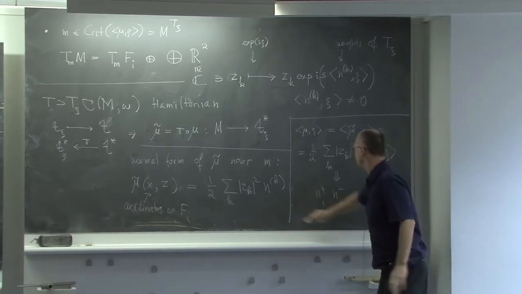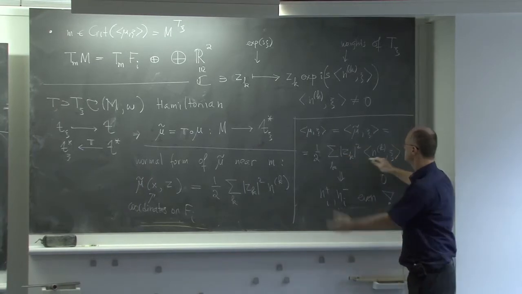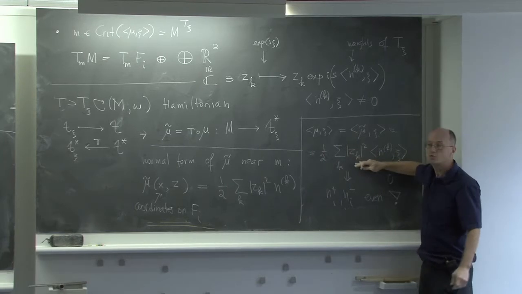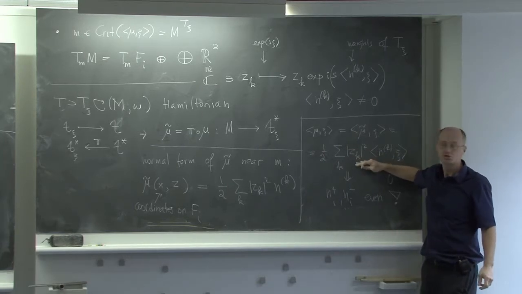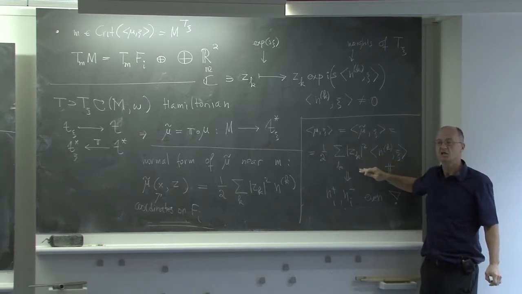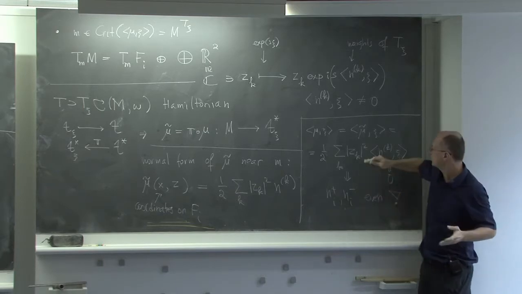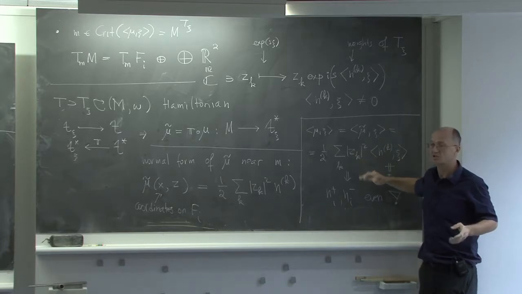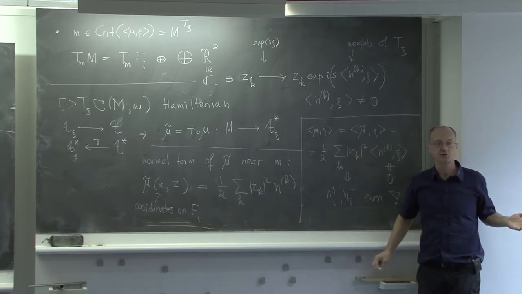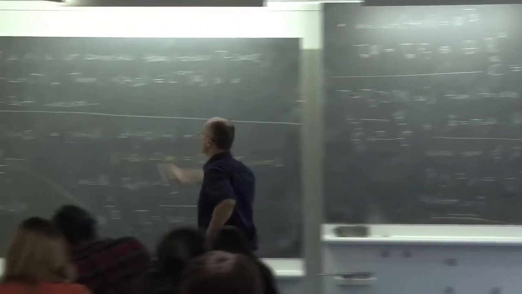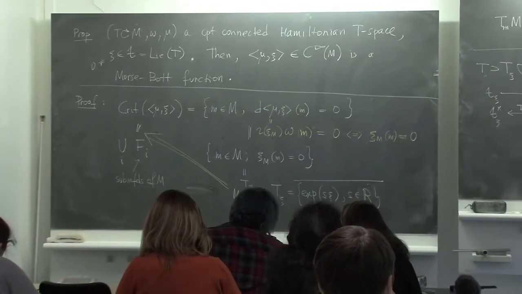Before saying that, you see we even computed the normal form near a critical point, and this normal form is exactly the normal form I showed you in the beginning, the Rn example. So this means that the Hessian will be non-degenerate, and that this is indeed a Morse-Bott function.